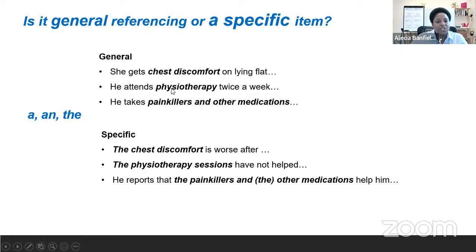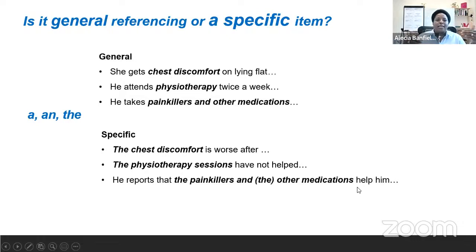So he attends physiotherapy twice a week, general, but the physiotherapy sessions have not helped. And we go on and talk about the physiotherapy. He takes painkillers and other medication, general referencing, so no article. But he reports that the painkillers, these painkillers or those painkillers, a very specific reference now, and the other medications help him or do not help him.